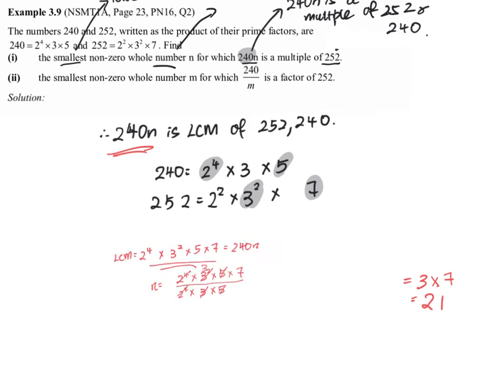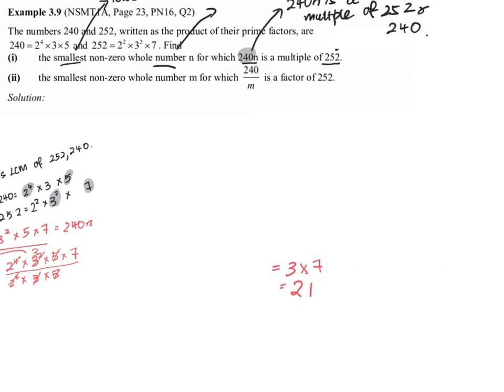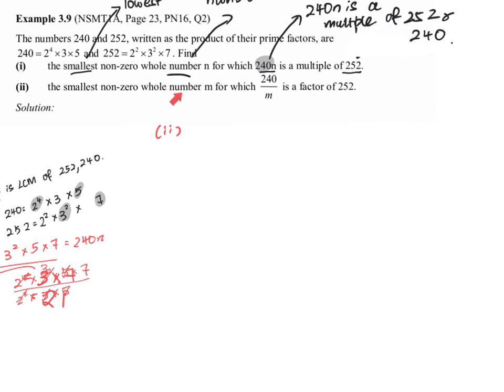So let me just put this away. And now if you look at part 2, I want the smallest non-zero whole number m for which 240 over m is a factor of 252. Okay, 240 over m is a factor of 252.